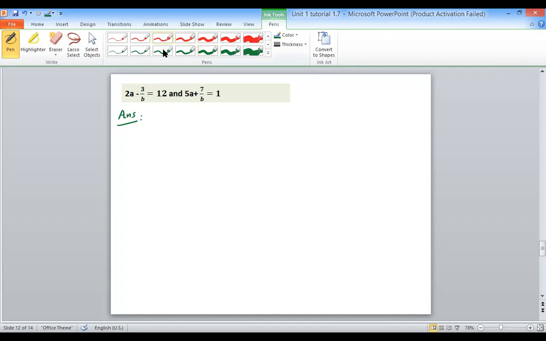So I'm supposing here, you are free to suppose anything. I'm suppose a is equal to x. When I look the a, I can put the a is equal to x and 1 upon b is equal to y. When I saw the a 1 upon b, I can put in this equation 1 upon b is equal to y.